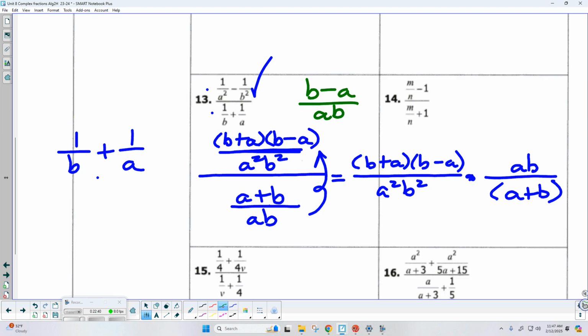What can I cancel? Okay, so even though the order is mixed up, B plus A is A plus B. And then 1A cancels with 1A, 1B cancels with 1B, so that all that's left is B minus A over AB. Okay. How many people were able to get to that answer?